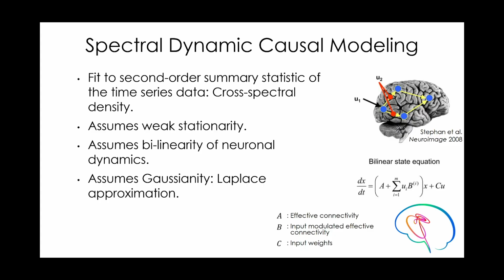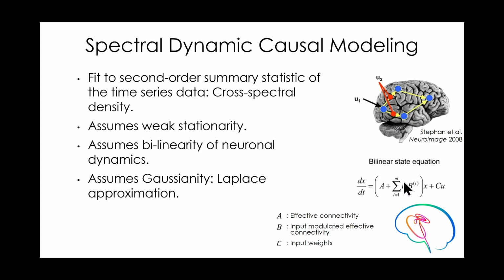So as I was saying, DCM, and particularly the spectral DCM that we will look into now, is built of state space models. And here you can see an example of a state space model expressed as a differential equation this time. This is a bilinear model, right? Because it has the linear term, which is A times X, but it also has this bilinear term of U times B times X, right?